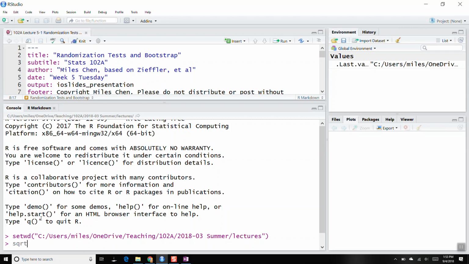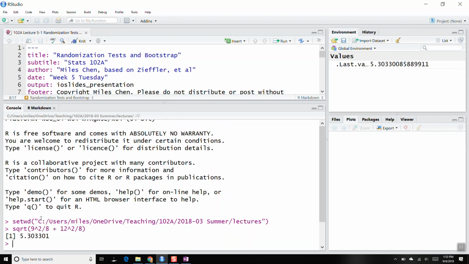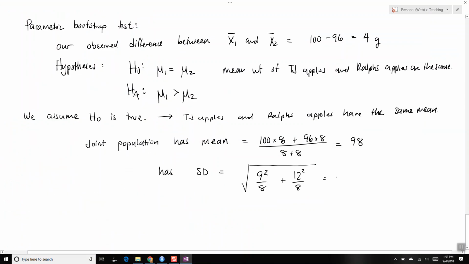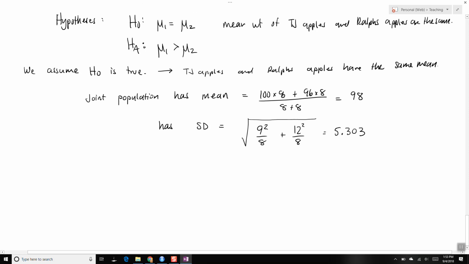Square root of 9 squared over 8 plus 12 squared over 8, 5.303. Okay, so this is what we have.